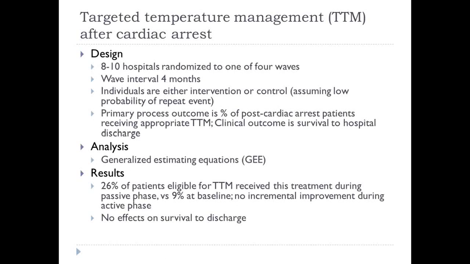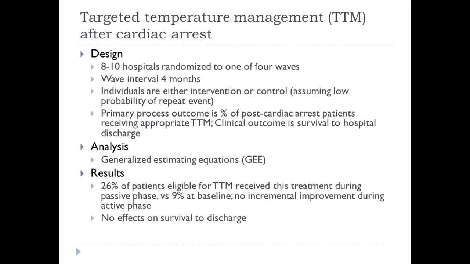And notably, as this is design A, the individuals that entered the hospital during each of those different waves were either in intervention or control depending on whether the hospital had switched over to the intervention at that time point.